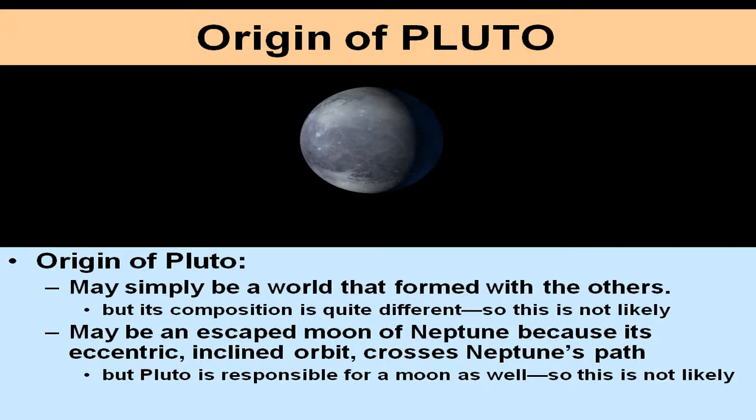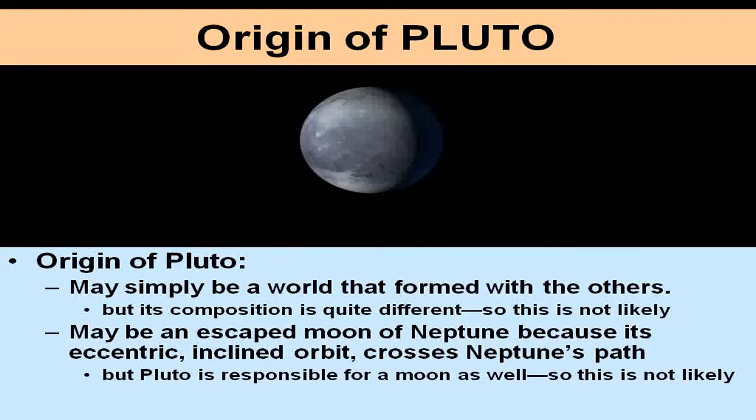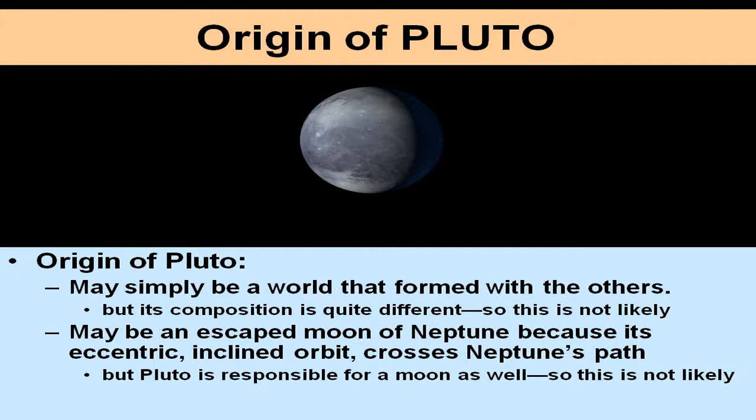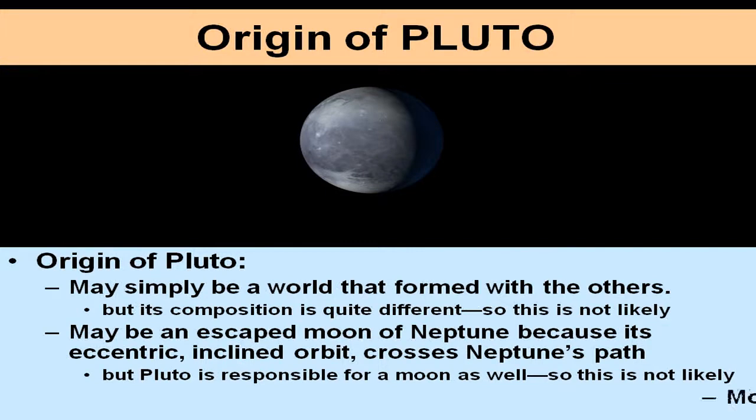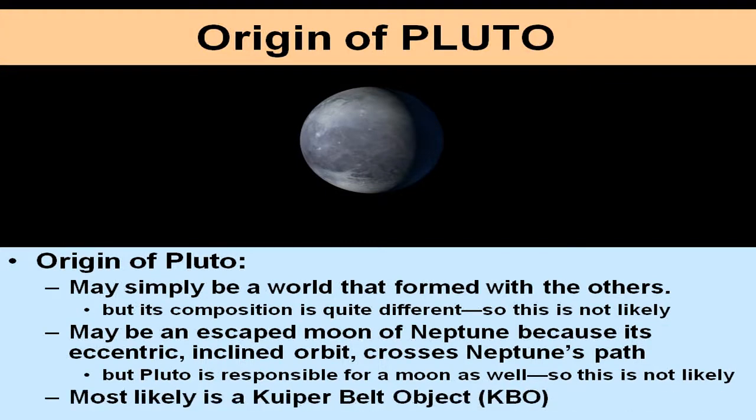But Pluto is responsible for a moon as well, and in fact it has 3 moons, so this is not very likely, because if it were near Neptune, Neptune probably would dominate those other 3 moons as well and not allow Pluto to have control of them. So most likely Pluto is a Kuiper belt object, a KBO, just like the other objects that have been discovered recently from the 1990s.